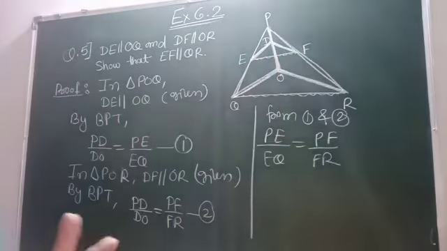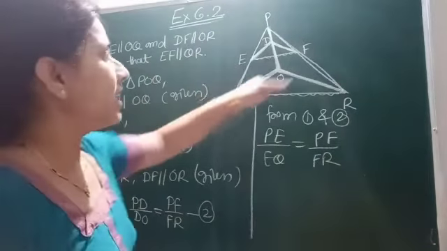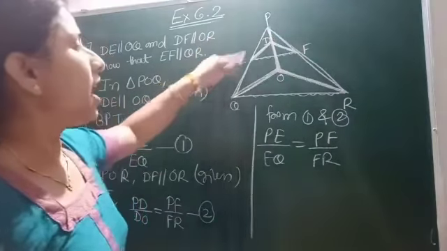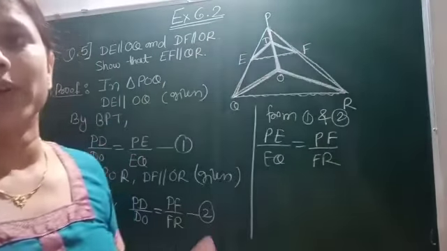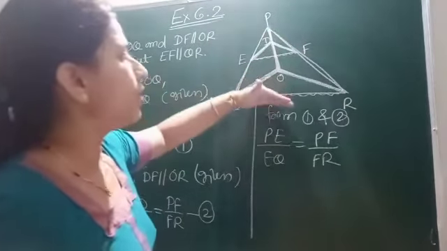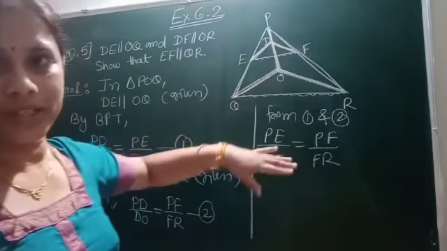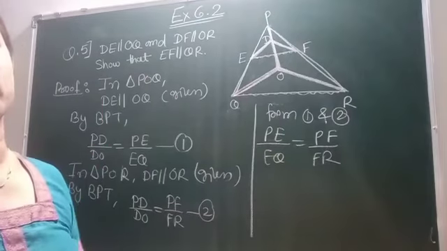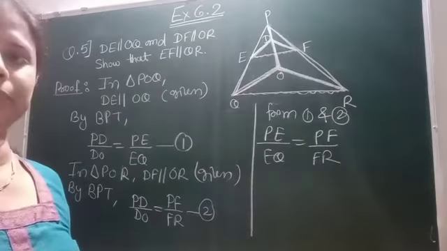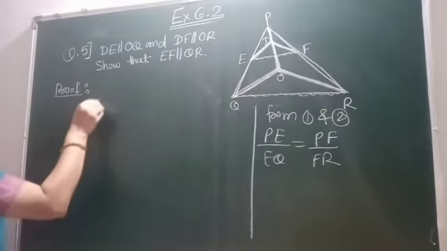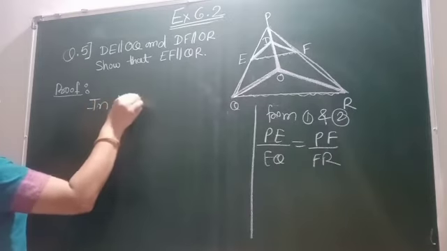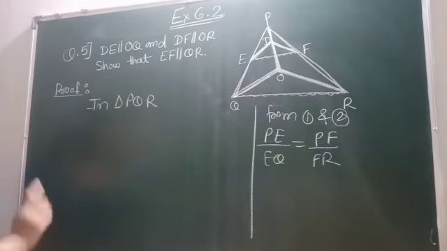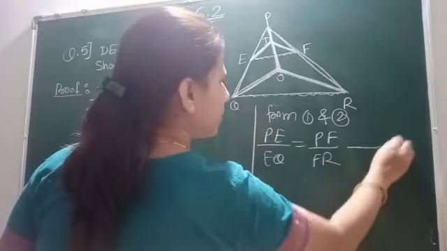And as we know, according to converse of BPT, it means basic proportionality theorem, if in any triangle sides are dividing into two equal ratios, then this line will parallel to the third side. So now we will apply converse of basic proportionality theorem. So now we will take in triangle PQR. Suppose this one is our equation number 3.